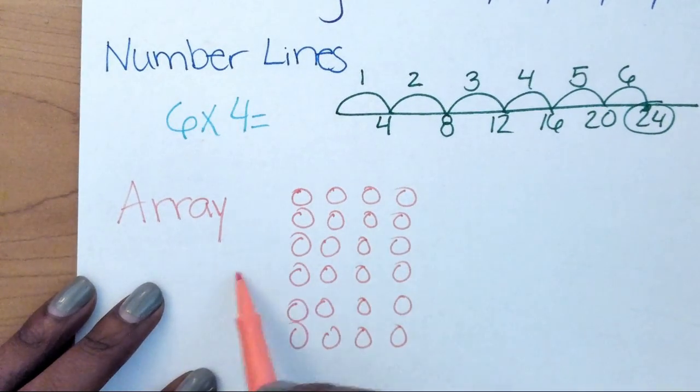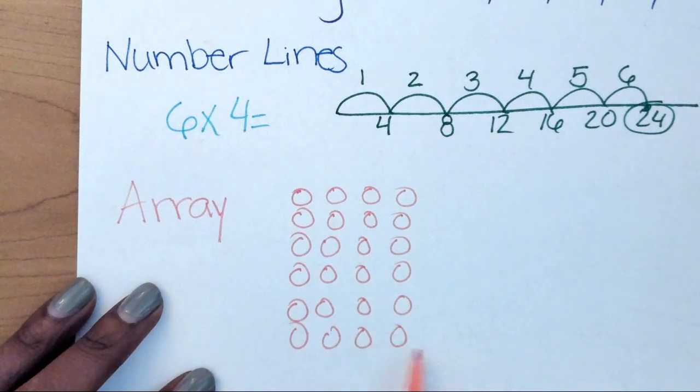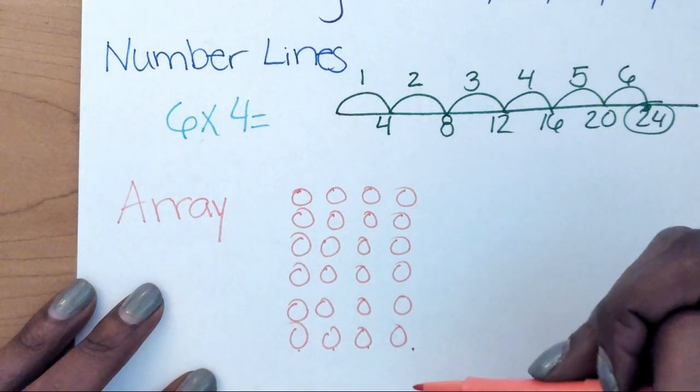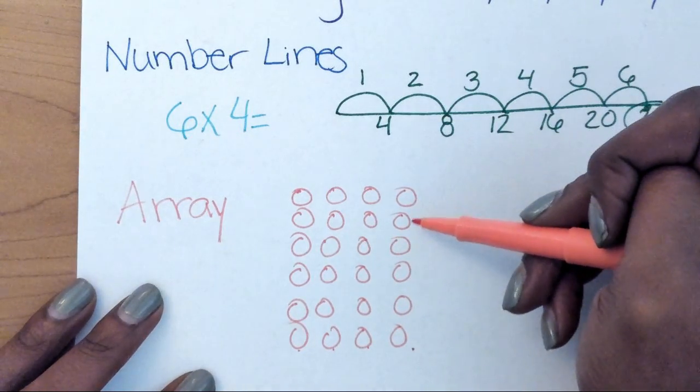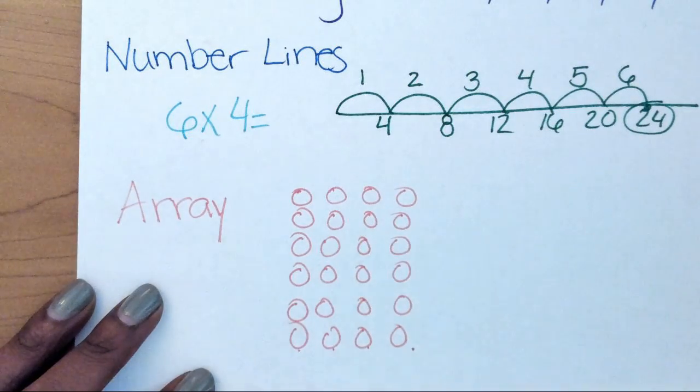This is our array of 6 equal groups of 4. And with this strategy, students are able to count by 6s to reach their product, 6, 12, 18, 24, or they may go the opposite direction and count by 4s, 4, 8, 12, 16, 20, and 24.